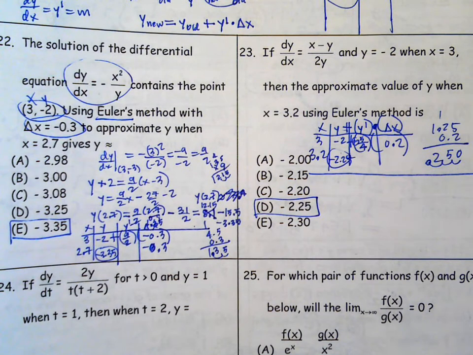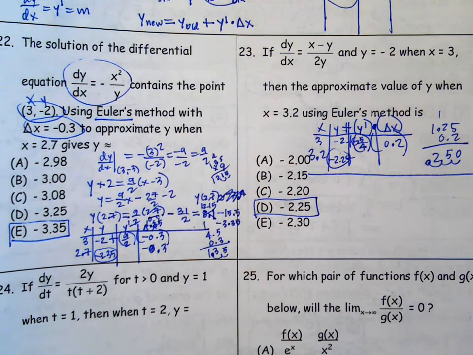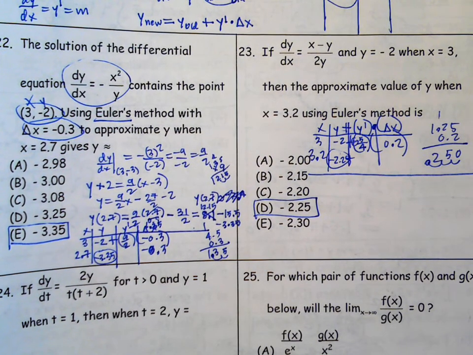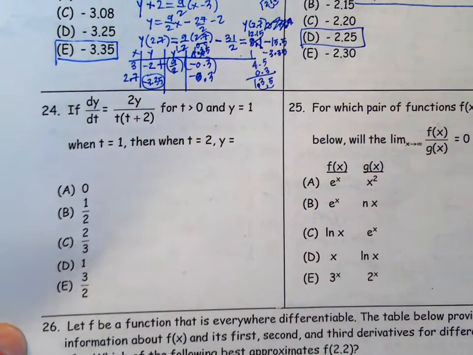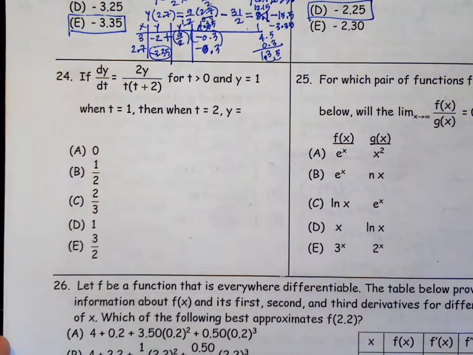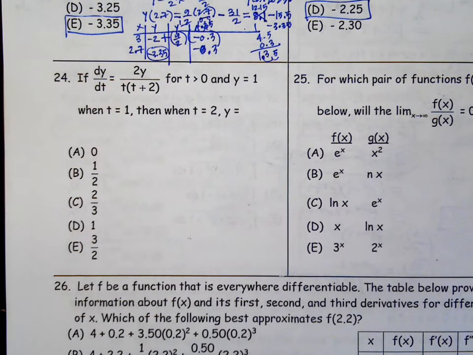Okay, let's see. Why don't you guys try 24 and 26? Try 24 and 26 right now. So pause the video, try those out, and then I'll go over them.